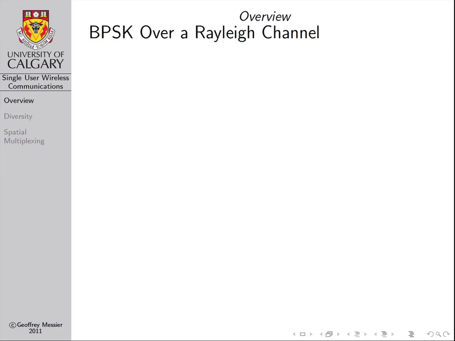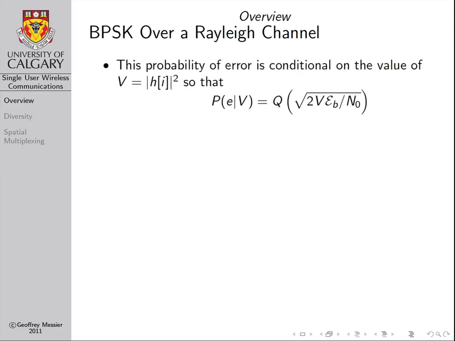And the standard way is essentially to present an average bit error rate. So we take that bit error rate expression and we average it over all the possible values of the BPSK fading channel and come up with an overall average bit error rate. To move towards this, the first thing we're going to do is a little bit of notation simplification.